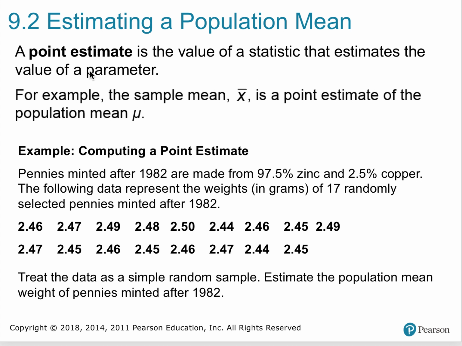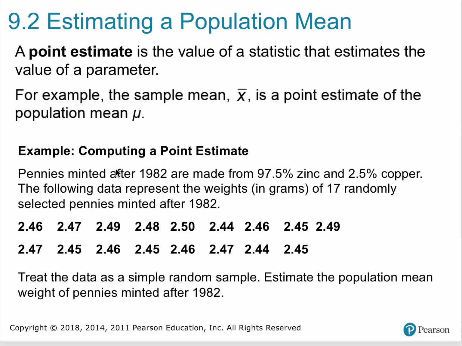A point estimate is the value of a statistic that estimates the value of a parameter. So the sample mean is going to be our point estimate for our population mean mu. Okay, we had p hat for our point estimate in 9.1.